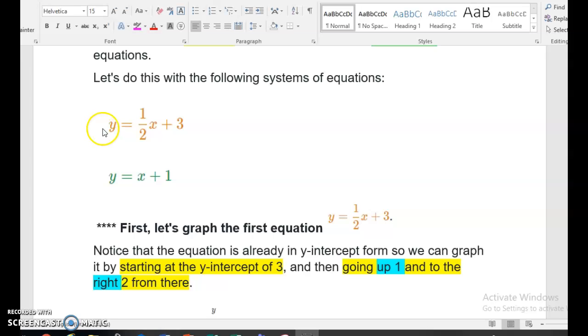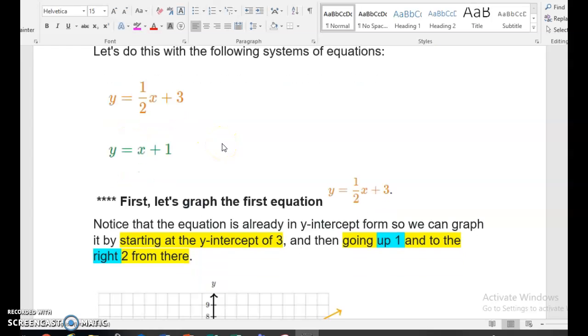But anyway, y equals 1/2 x plus 3. That is one equation. y equals x plus 1. That is the second equation. So first, let's graph the first equation.